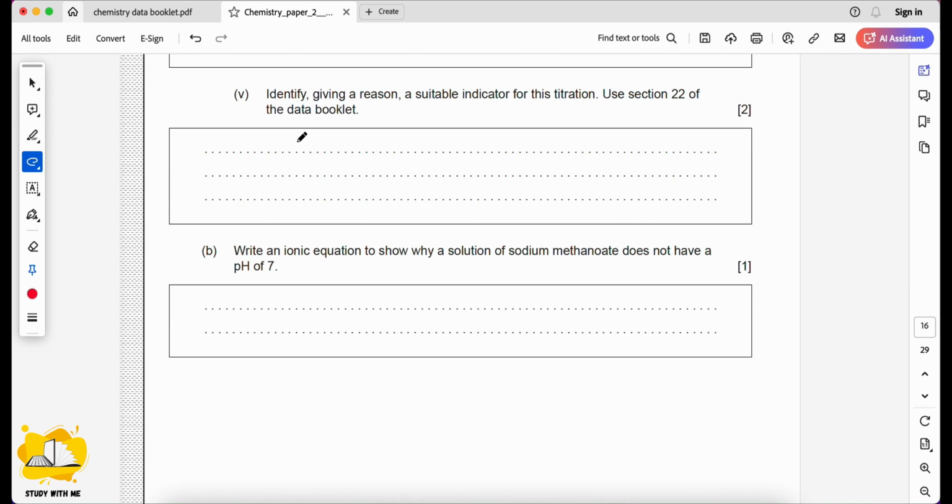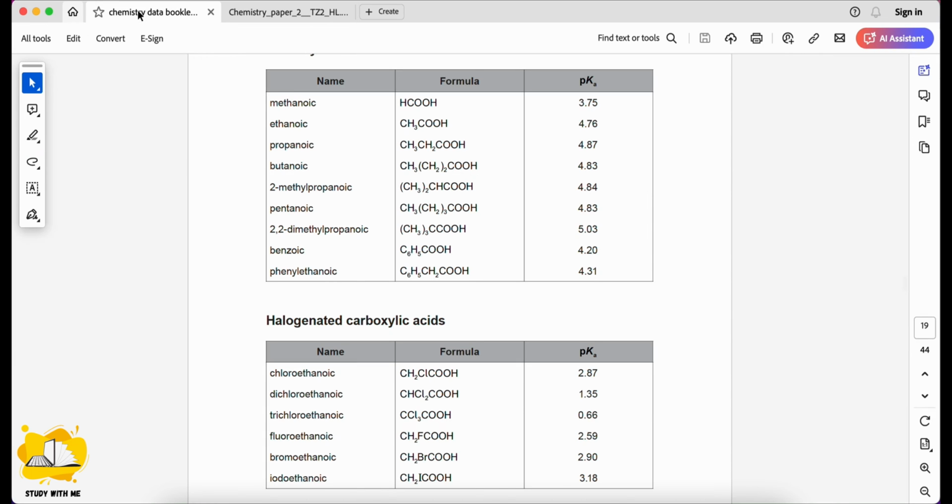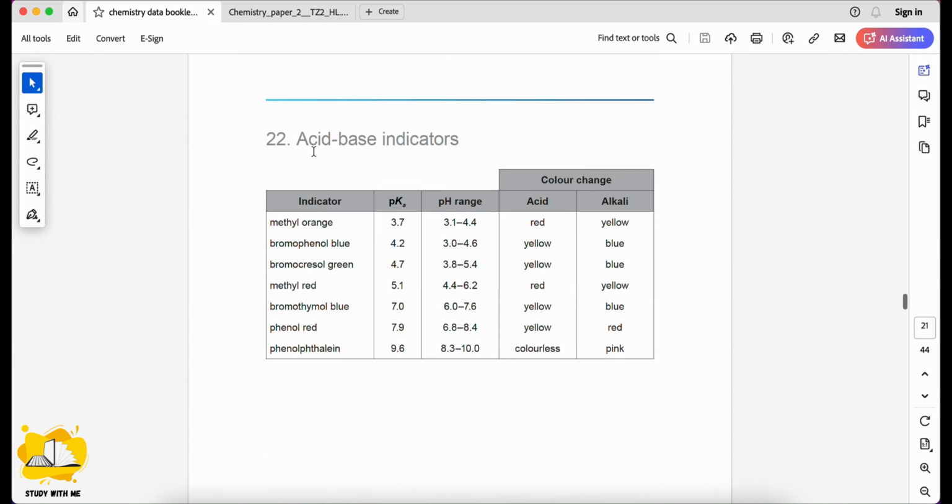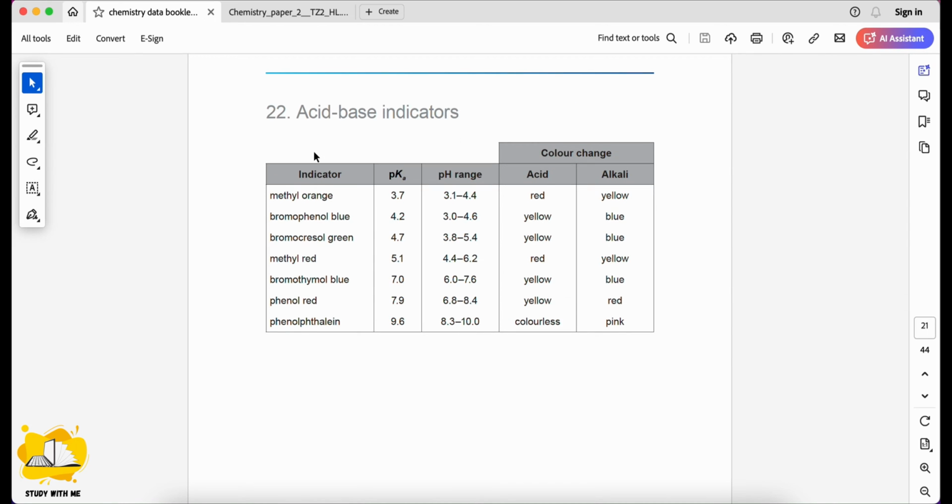Identify, giving a reason, a suitable indicator for this titration. Use section 22. Okay, the pH is 2.247 and we use NaOH. So it's a titration between an acid and a strong base, which is NaOH.